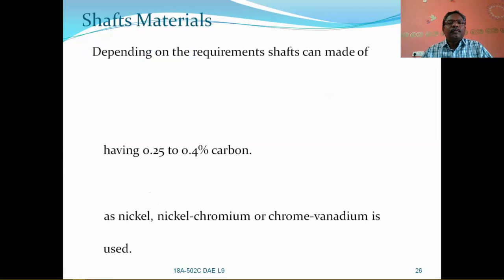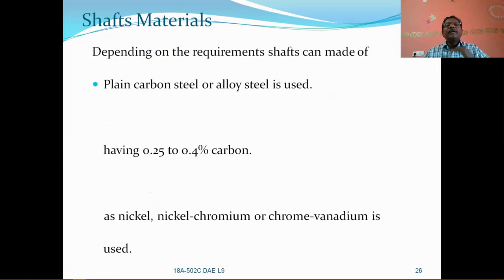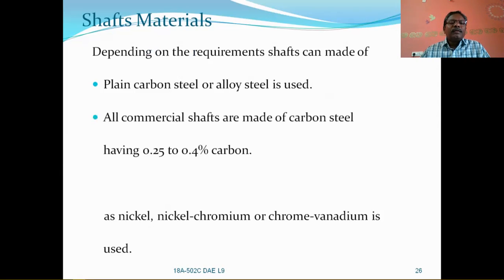And what are the materials? Depending on the requirements, shafts are generally made of plain carbon steel, and alloy steels are also sometimes used if you want good properties, but the most commonly used is plain carbon steel.